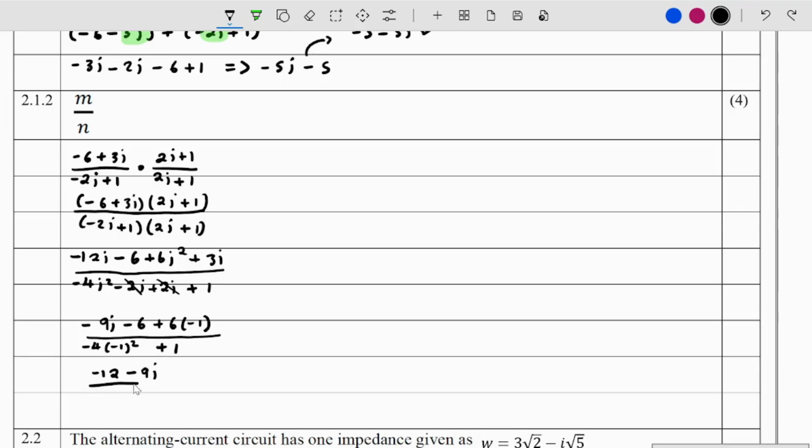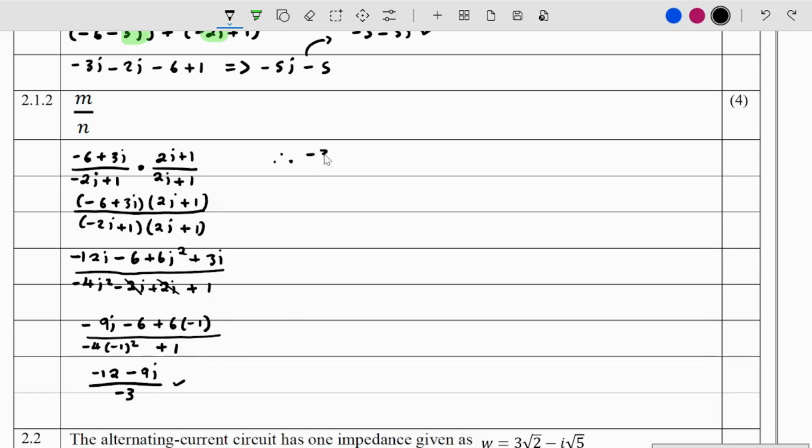So we have negative 12 minus 9i, all of this divided by negative 4 times negative 1, which is 4, plus 1. So negative 4 times negative 1 is positive 4, and 4 plus 1 gives us 5... wait, let me correct this: the denominator simplifies to negative 3. Now, you can leave it here, or you can separate your fractions.